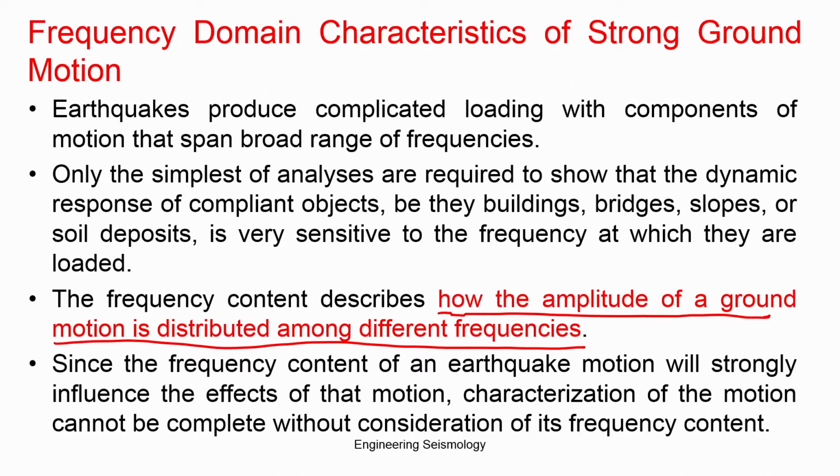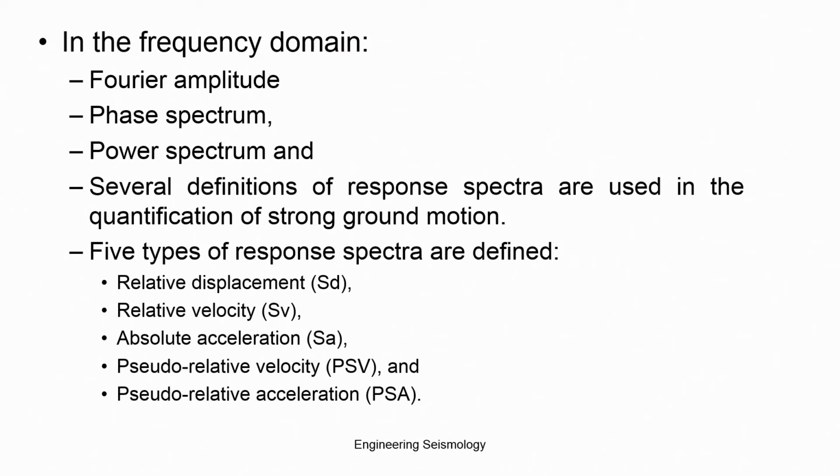Depending upon the frequency of the structure, the amplitude you need to consider for the design will be taken from these frequency domain characteristics. Since the frequency content of the earthquake motion strongly influences the effect of that motion, characterization of the motion cannot be complete without considering the frequency content. So using only time domain parameters may not always be good for analysis; you should look at how the amplitude of the frequency content varies.